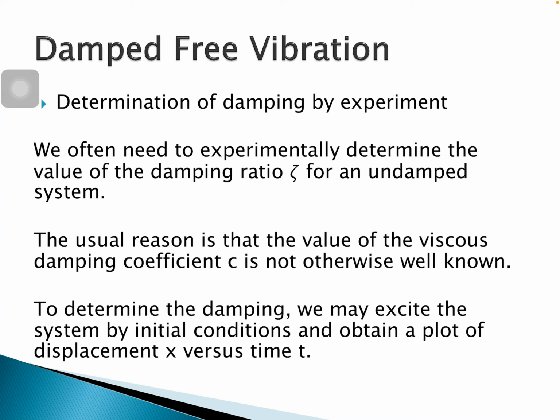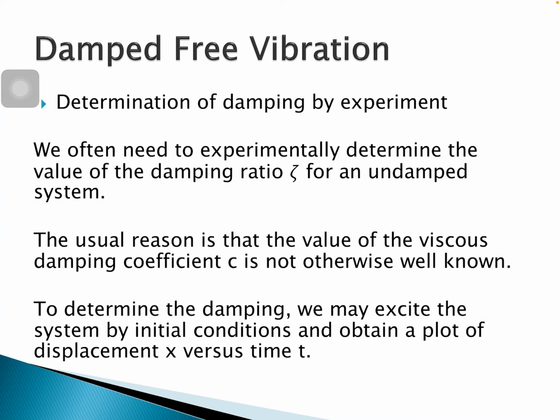So sometimes when there is no dashpot in the system and it still has friction, we want to know the damping, so we can do an experiment. To determine the damping, we may excite the system by an initial condition.